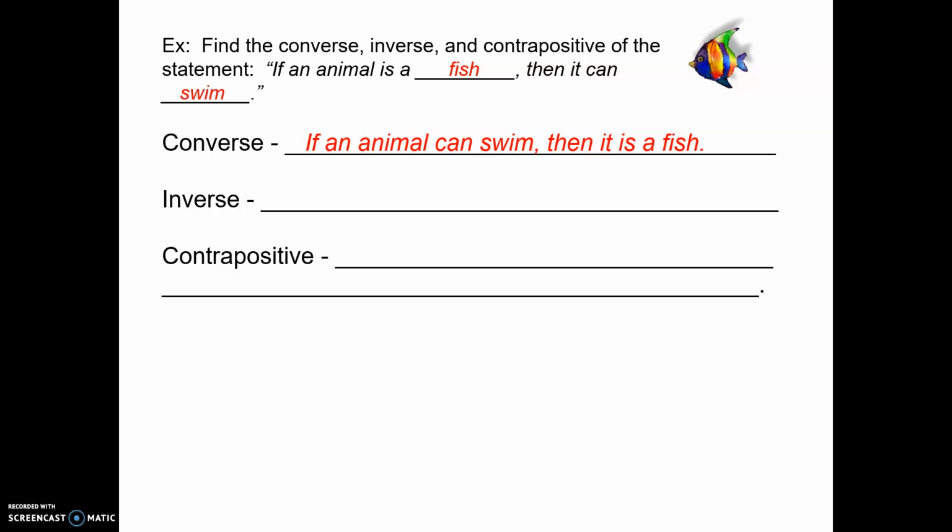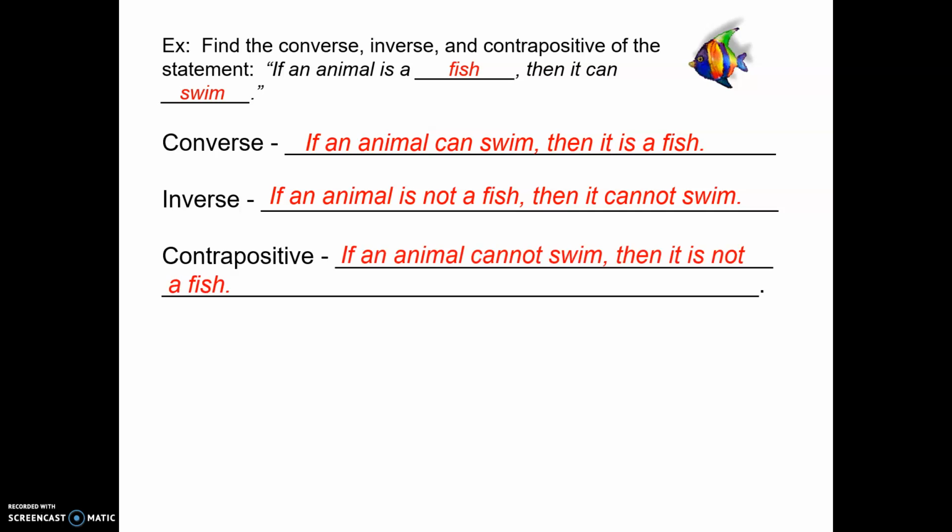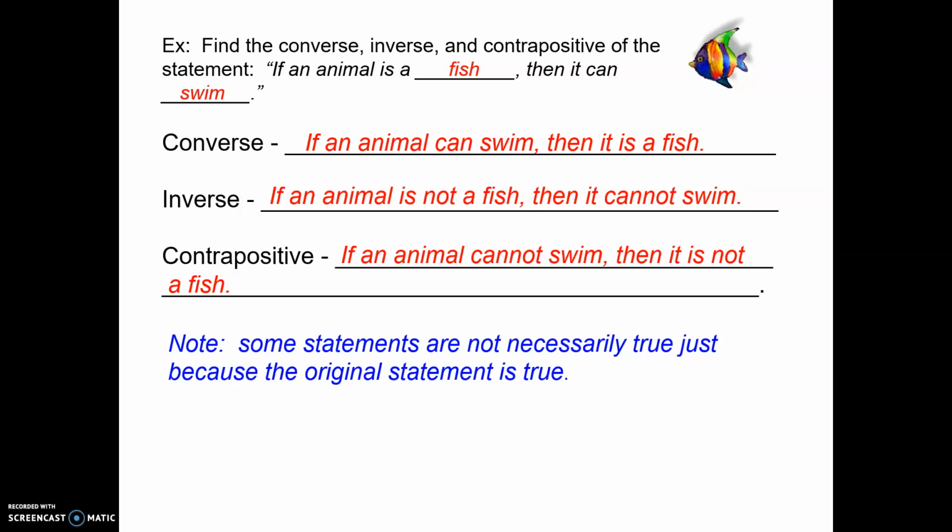We aren't going to say if it can swim, then an animal is a fish. So you always have to state it, that's just more English language than geometry or logic. Inverse is when you negate. So if an animal is not a fish, then it cannot swim. Contrapositive, you do both. If an animal cannot swim, then it is not a fish.